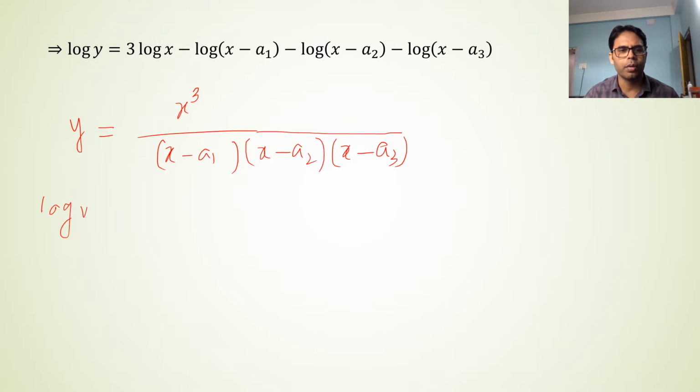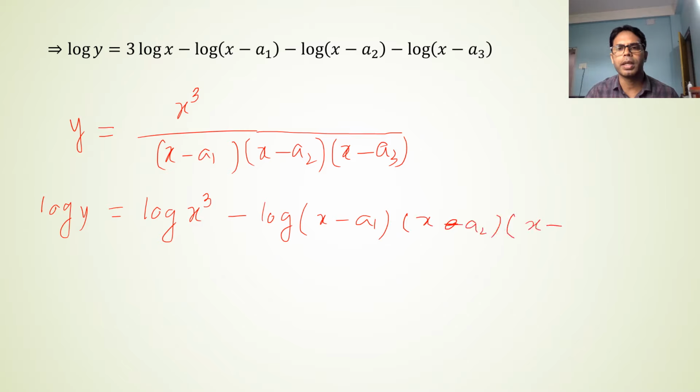So if you take log of y here, then by logarithmic property, it is log of x cube minus log of the denominator, that is x minus a1 into x minus a2 into x minus a3.